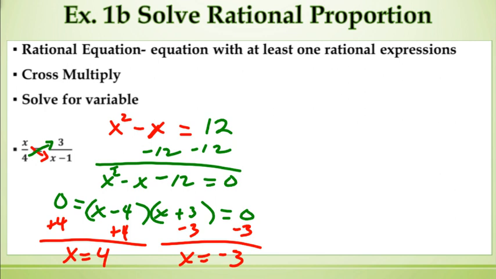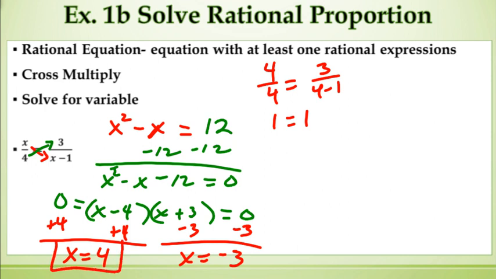So if I put 4 in for x, here I end up with 1 equals 3 divided by 3 is 1, so that works. So I know 4 is a solution.